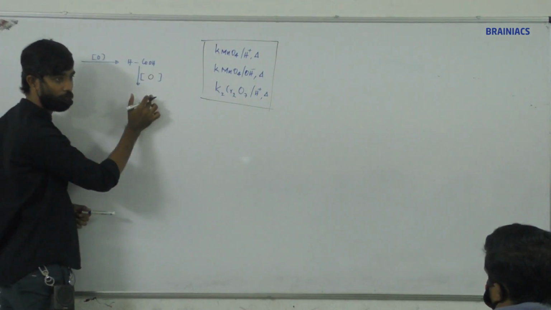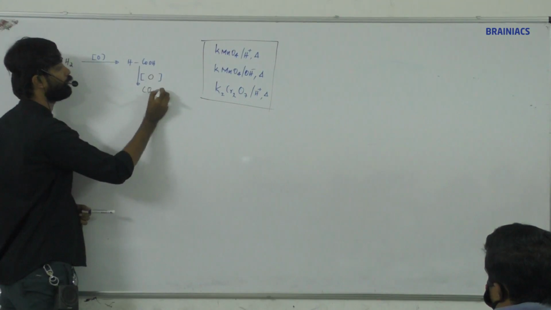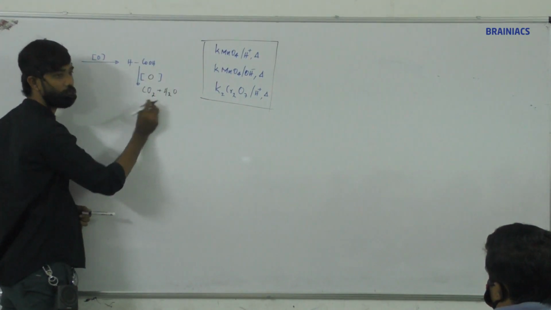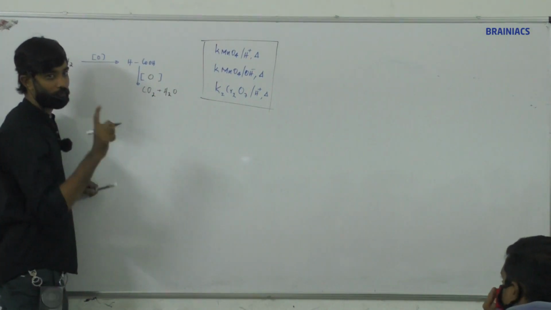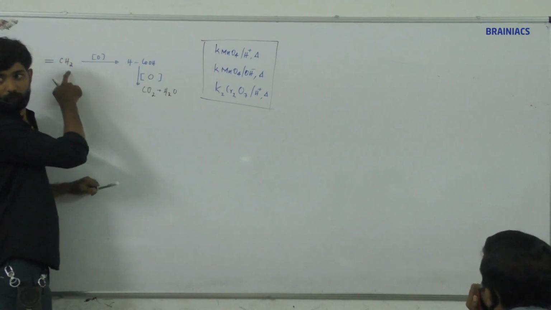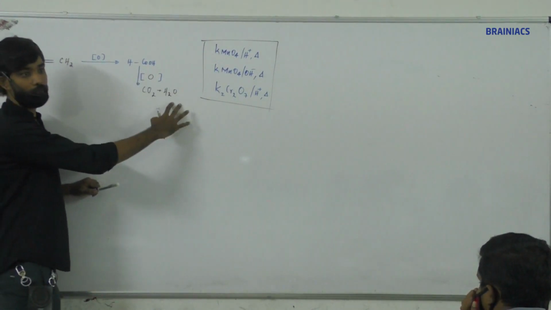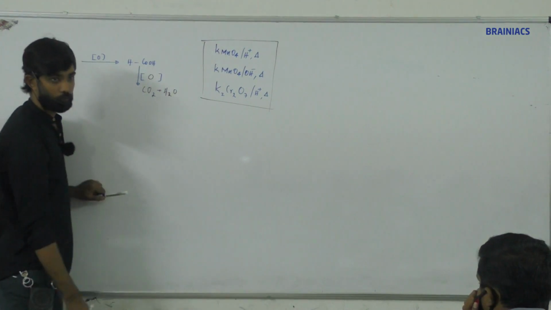Once formic acid is formed, it again oxidizes to form CO2 and H2O. So if there is any terminal double bond, the product will be CO2 and H2O.